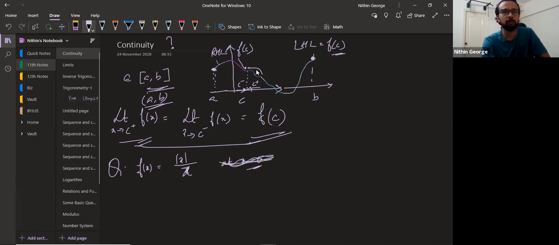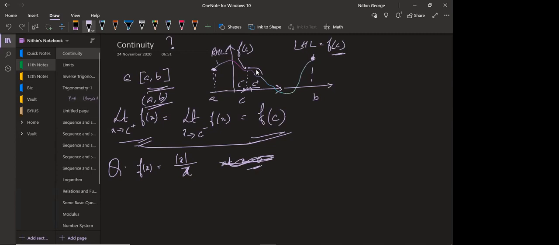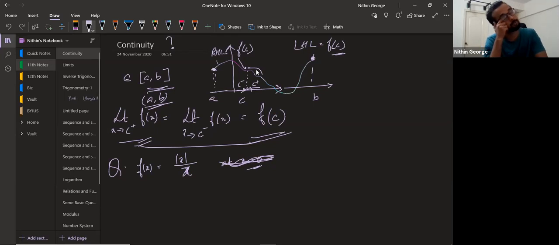As x tends to 0, what happens to f of x? So for 0 minus, it's -1. For 0 plus, it's +1, so it's not continuous. For 0 plus, it's +1. For 0 minus, it's -1. So directly you can say it's not continuous.